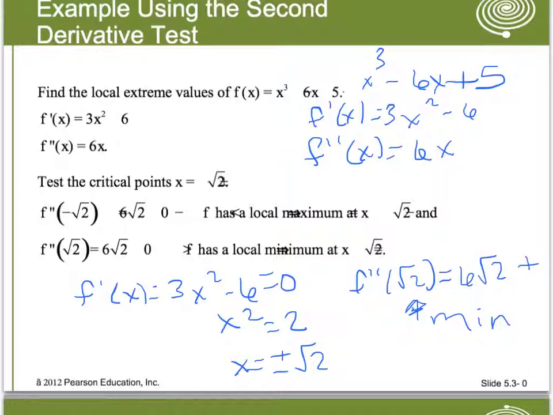And then we put in a negative square root of 2. Gives me negative 6 times the square root of 2. That's a negative number, and so since it's negative, it means there's a maximum at that point.